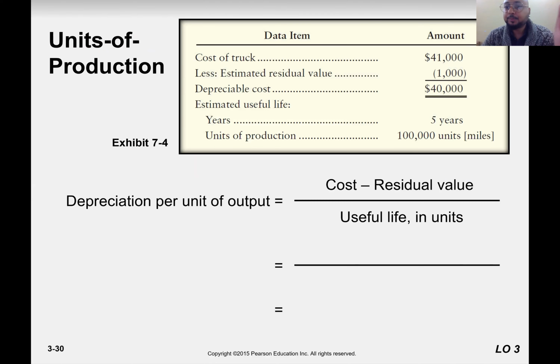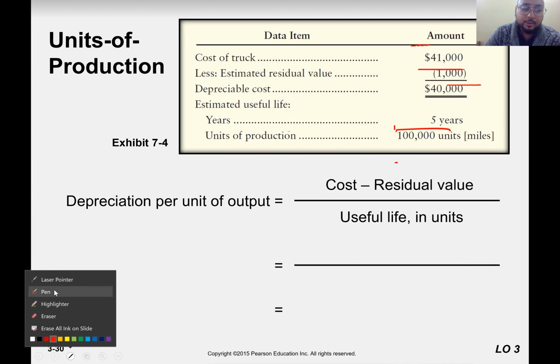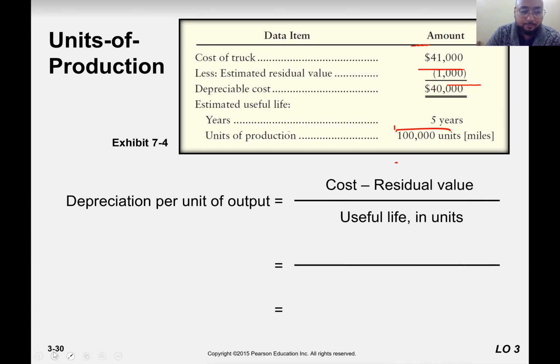We have given the cost of the truck, residual value, and its life in terms of units produced, production units, or the miles it will run during its lifetime. Its formula is cost minus residual value divided by useful life in units.